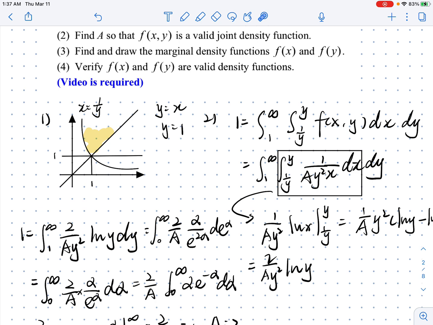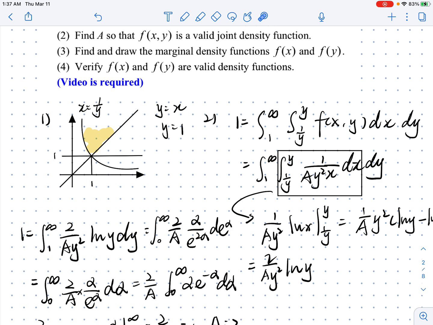Because we can see 1 over a multiplied by y squared as a constant, we just need to integrate 1 over x, which is ln x.